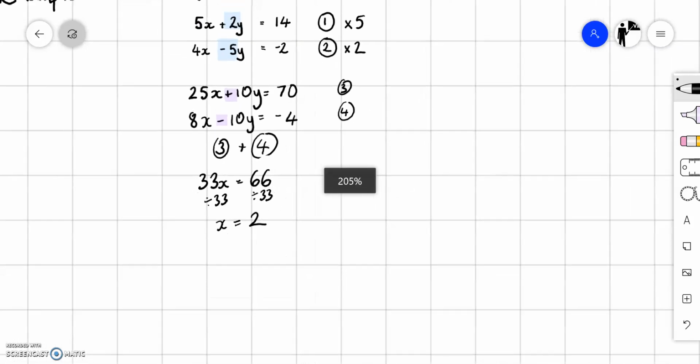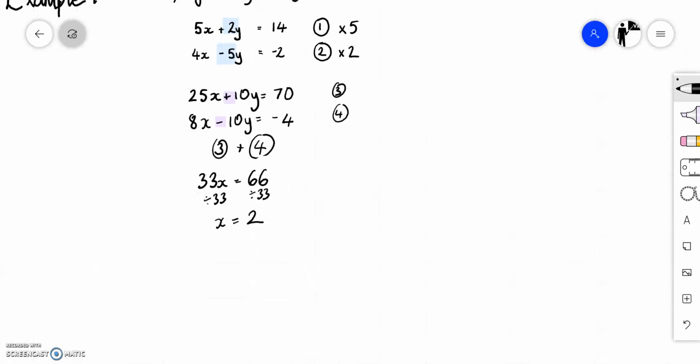But remember, the goal of the question was to work out what is x and what is y. We've worked out what x is, we need to now work out what y is. So what we're going to do is we're going to take our answer and we're going to substitute it into equation 1. So equation 1 was 5x. So 5 lots of x. So x is 2, so it's 5 lots of 2, plus 2y is 14.